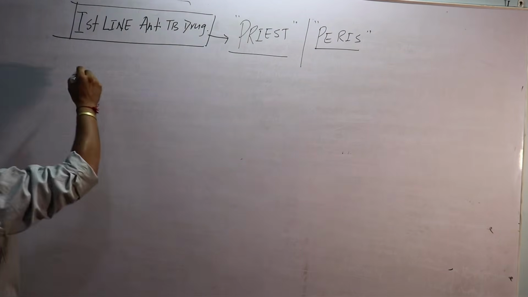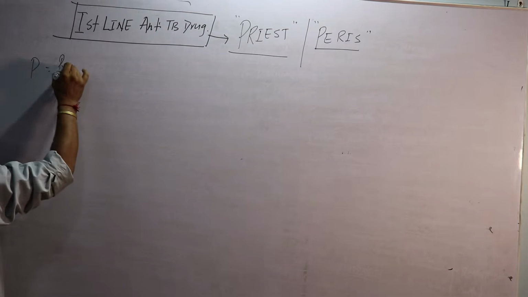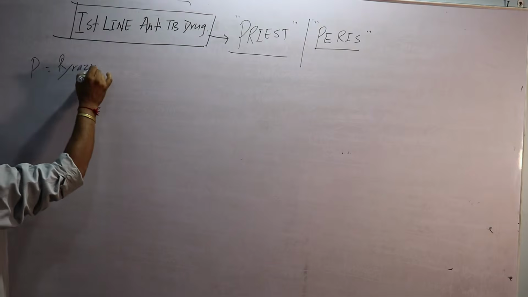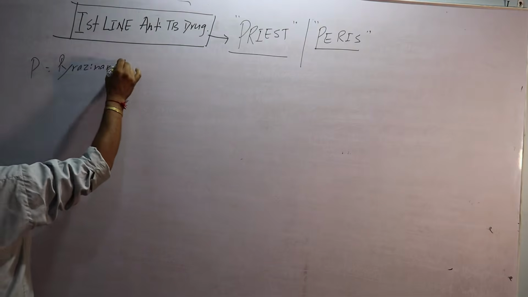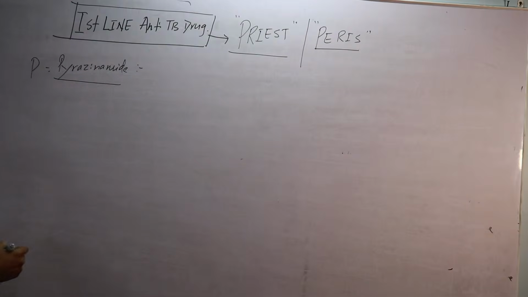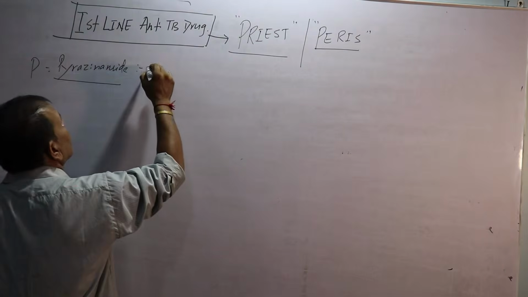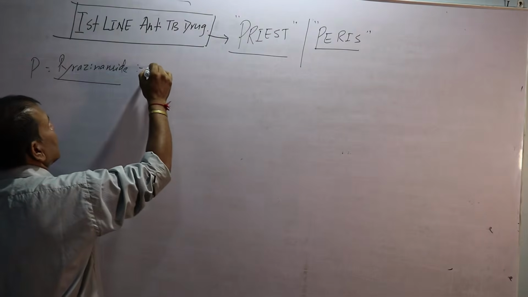So what is the meaning of P? P is for pyrazinamide. Pyrazinamide is a first-line anti-TB drug. It is used against TB. What is the mode of action of pyrazinamide?